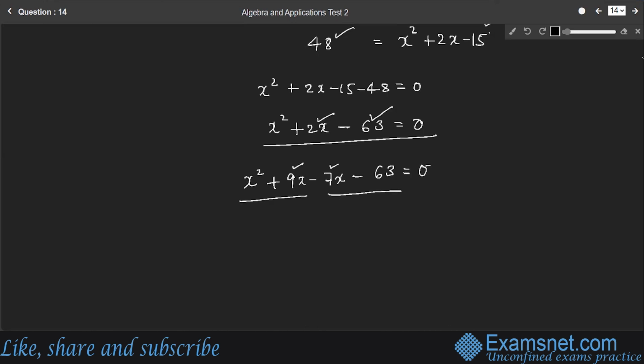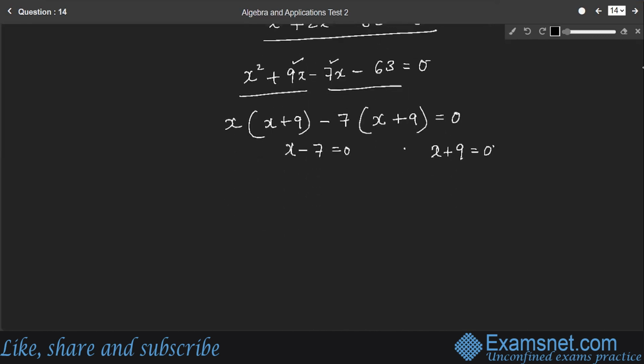Take the first two terms, where x is common, and the remaining term becomes x into (x plus 9). In the last two terms, minus 7 is common, so into (x plus 9) is equal to 0. Therefore, x minus 7 is equal to 0 and x plus 9 is equal to 0.